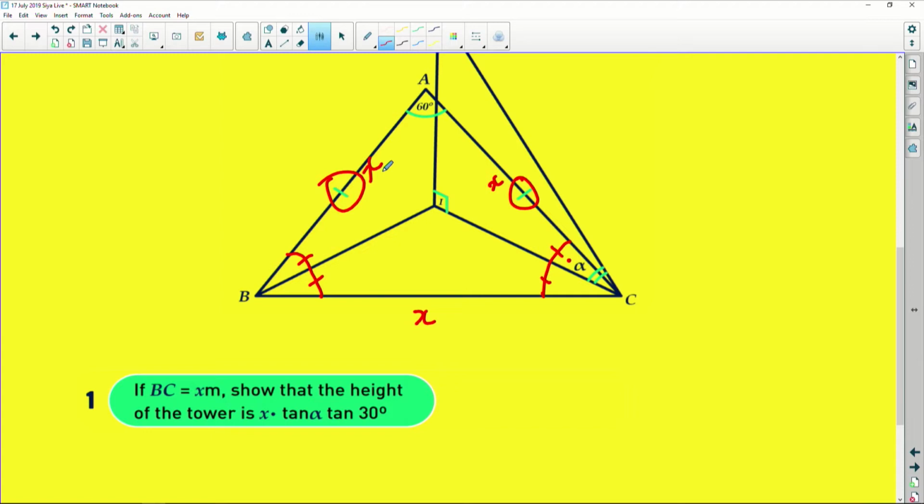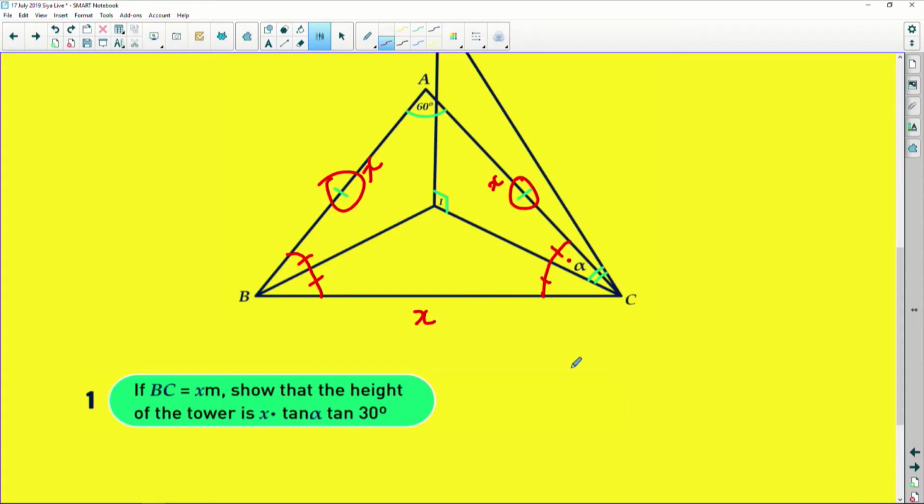Now, we want you to show that the height of the tower is. Now, I want you to translate the question in a different way. When it says to show that, I want you to just close what it wants you to show and then find what they want you to say you must be showing. So they say show that the height. So you hide what the height is and then you find the height. Your height must be the same as what you've hidden.